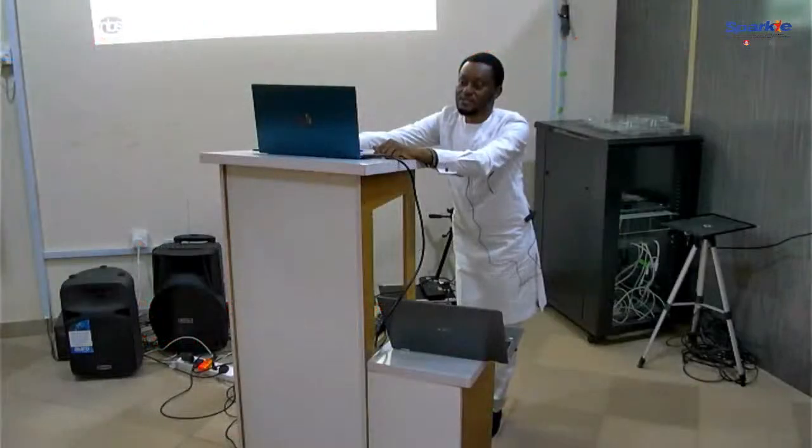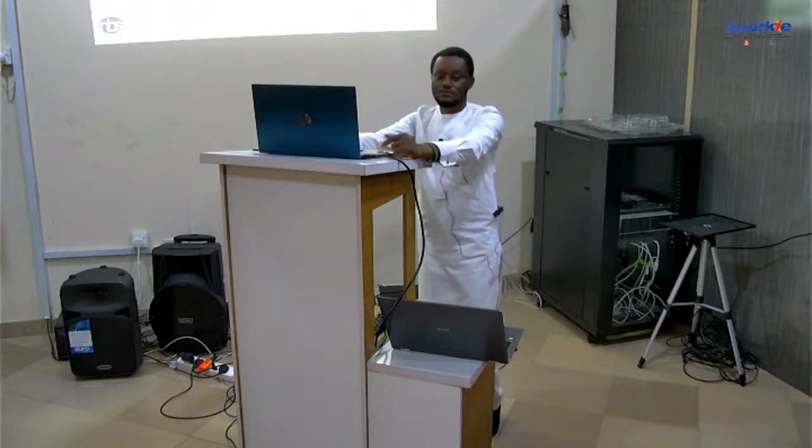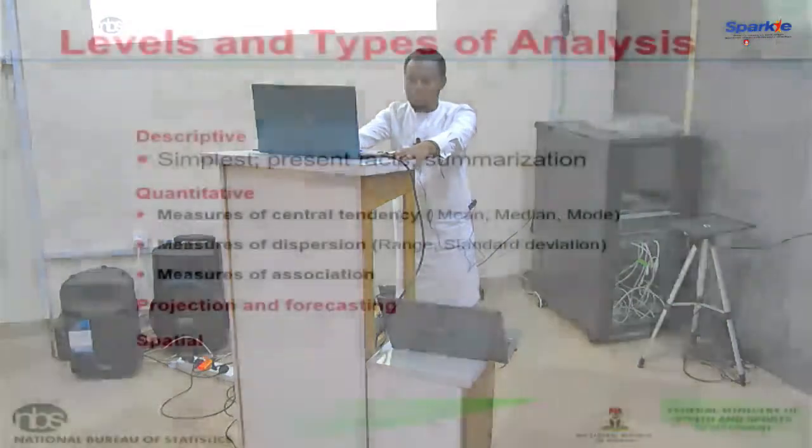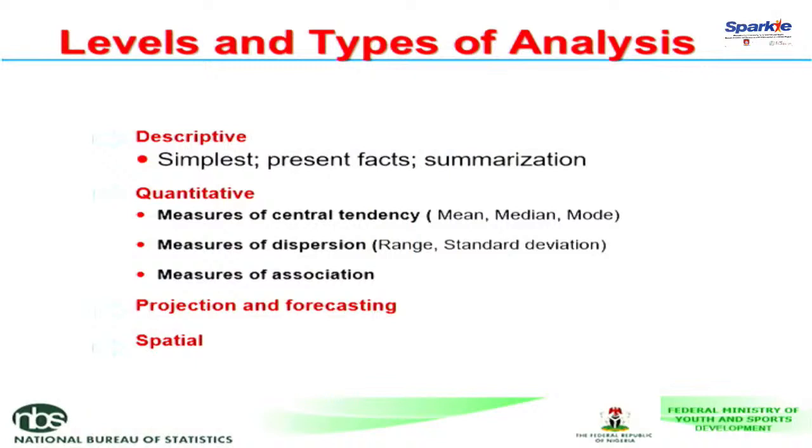Levels and types of analysis. I think the first presenter did much about this. The descriptive, simplest, presents facts, summarization, quantitative, measures of central tendency, where you have your mean, median, and mode. You have measures of dispersion, range, standard deviation, the measures of association, projection and forecasting.